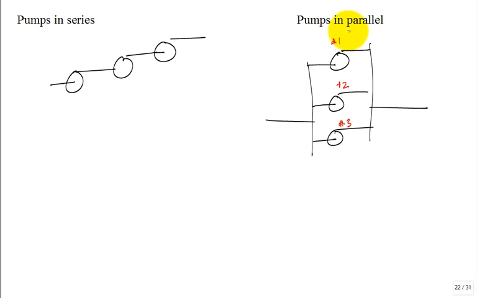Sometimes they're not the same pumps, but let's just consider the easy case, they're the same pumps. So each pump has a characteristic curve that looks like, let's say, this. True? This is the pump characteristic curve. What happens if I put 3 of them in series? Let me just try and draw it on the same plot. What does the composite look like if I put 3 of those same pumps in series? Well, do I get a higher net flow rate through the system? What is this point called for that one pump? It's the free delivery.